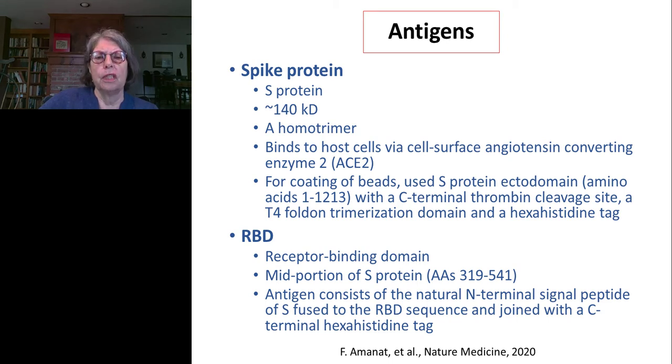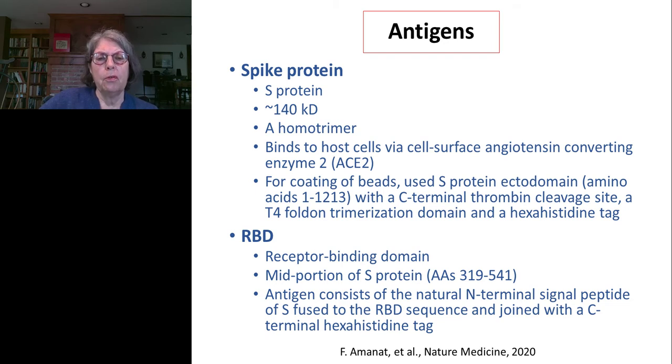Let's go over the details of the spike protein. It comes from the S protein. The spike itself is a homotrimer of 3 copies of this S protein, each of which is approximately 140 kD.